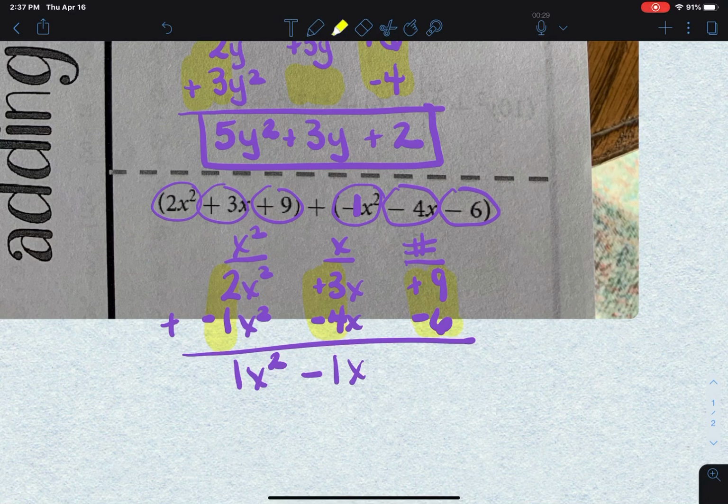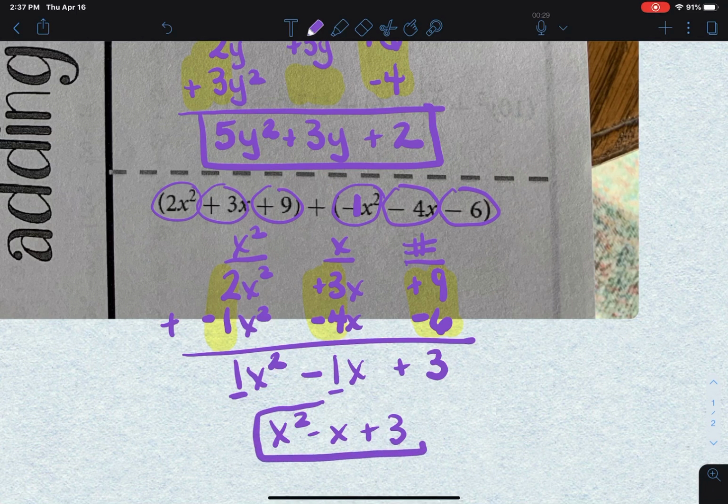And 9 plus negative 6 is positive 3. Now, I'll be honest, when you go to see these spots where the ones are, they're probably going to drop them. Because remember how we've talked about before, we assume those ones are there whether we write them or not. So if you went to look at something like a standardized test or an exam or something like that, that's probably what you would see.